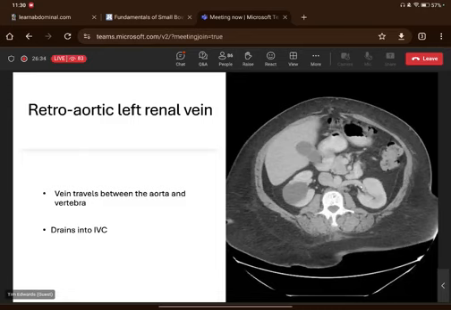And this is an important thing for clinical practice because for patients who are having retroperitoneal surgery or AAA repairs acutely, it's important to let the surgeons and the endovascular team know about this anatomical variant to prevent injury during the procedure.